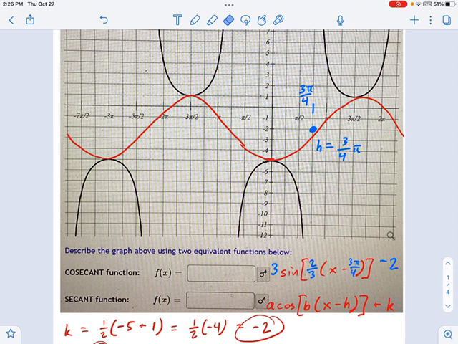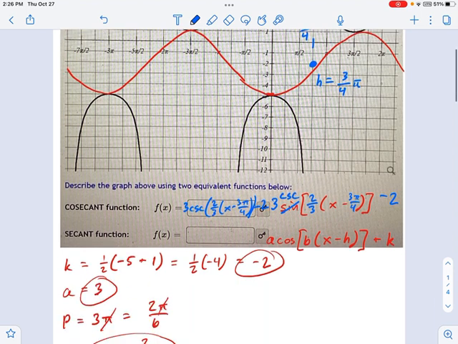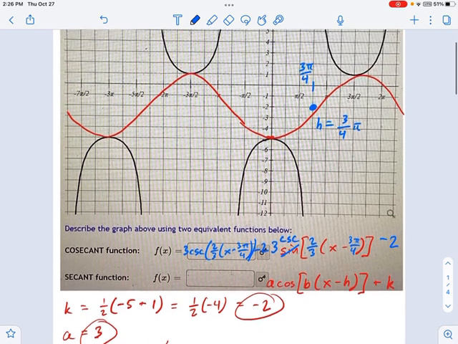Now I said all that's different about the black curves that we're trying to model and the red curve that I drew is we scribble out sine and we replace it with its reciprocal, cosecant. So there's our equation. It's 3 cosecant of (2/3 x minus 3 pi over 4) minus 2. Okay, and that's it.